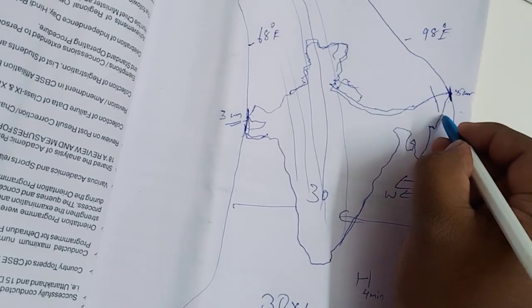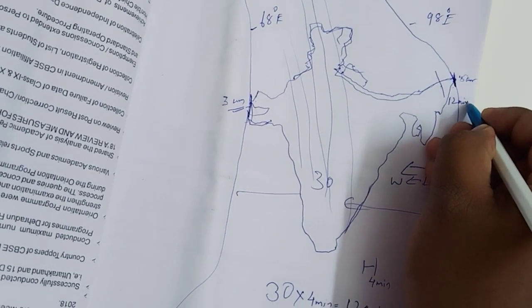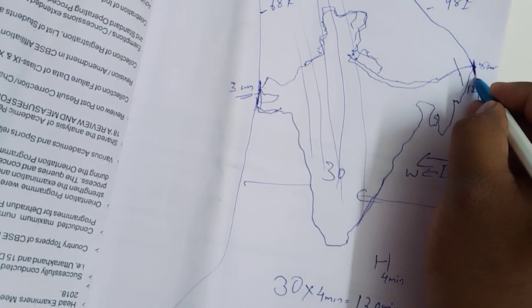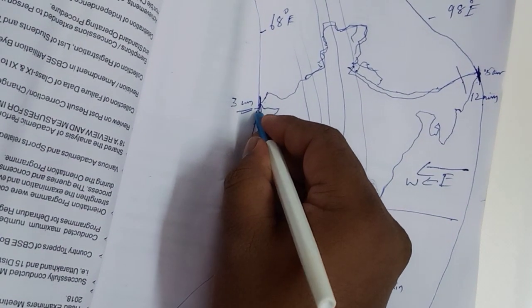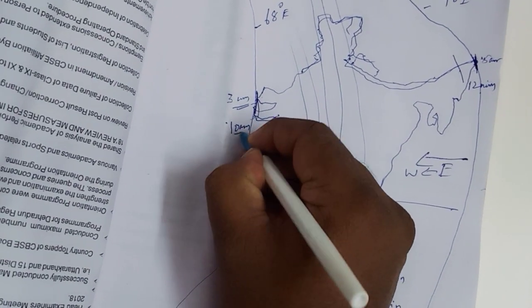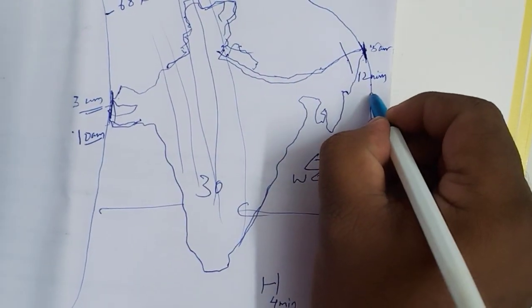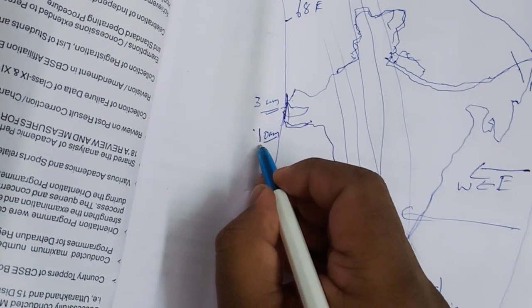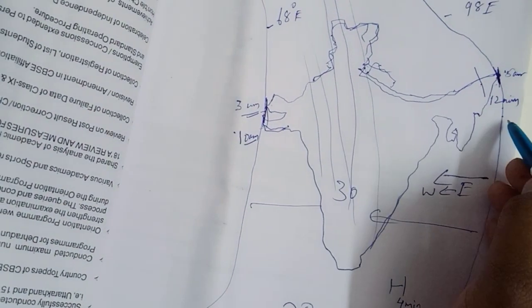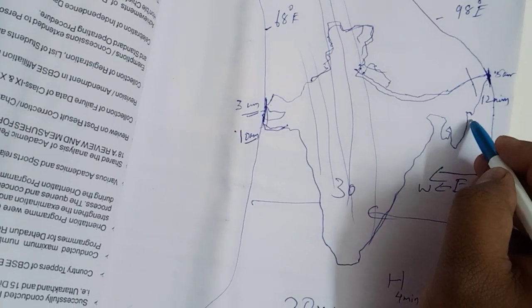If it is 12 noon in this eastern part of India, in the Rann of Kutch, what will be the timing? It will be 10 a.m. If it is 12 noon here, it will be 10 a.m. here. Are you getting the point? Because it has to travel how many lines? 30 lines.